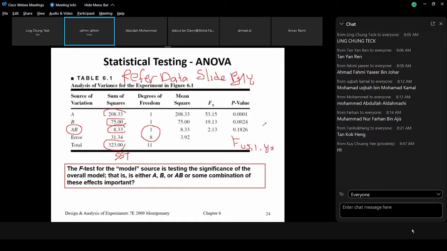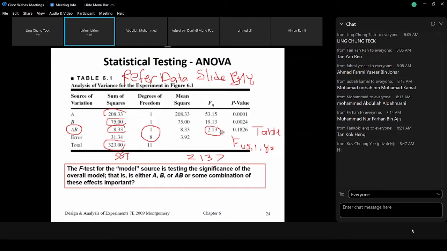Okay, look at the F table, and then you compare this value, 2.13. Is it bigger or smaller than the F table? If it is bigger, then you reject the null hypothesis.